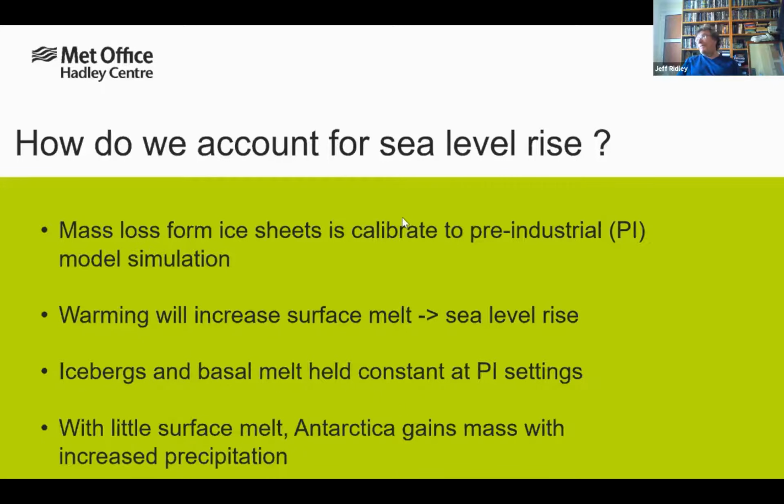So we have an equilibrium in pre-industrial times, and we run the model for several hundred years and then take the average of total mass of the ice sheets, and make sure that doesn't change by setting the basal melt and the iceberg calving, and the surface melt, of course, is from the model.